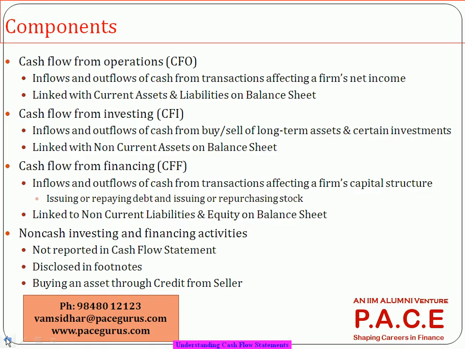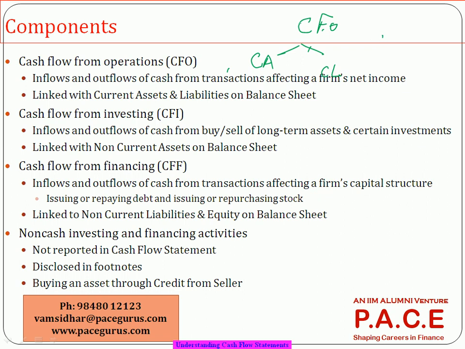So simply put, a couple of quick measurements for you. Let's say I'm talking about cash flow from operations. We will take current assets and current liabilities from the balance sheet. So we have to link all elements of the balance sheet and all elements of the P&L to make the cash flow statement.